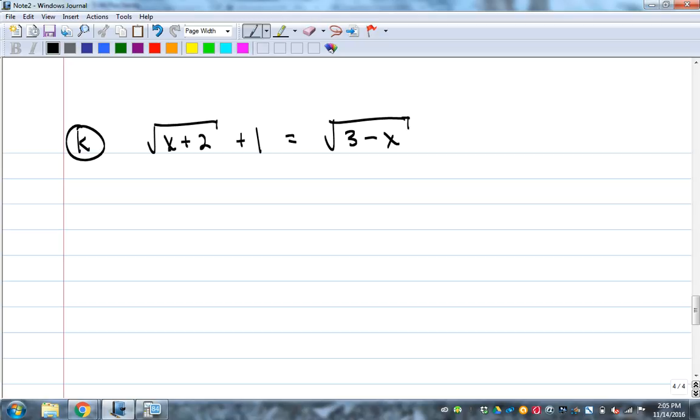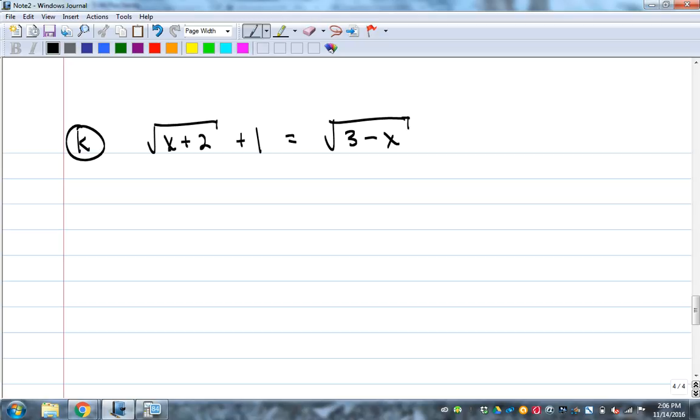If you get them both on the same side, can they combine? To combine, you would have to be multiplying or adding or subtracting ones that have the same stuff inside, and these definitely don't have the same stuff inside. So we can't combine them. So what we've got to essentially do is get rid of one of them, and then get rid of the other one afterwards. Right now this one's by itself, the 3 minus x.